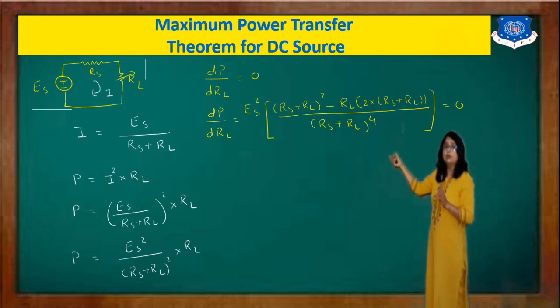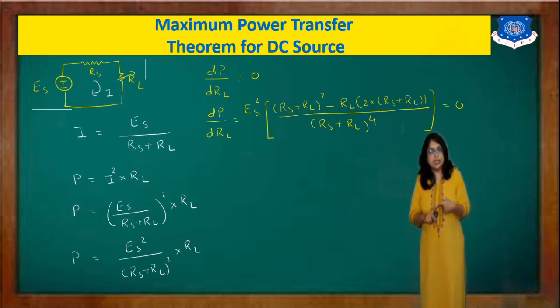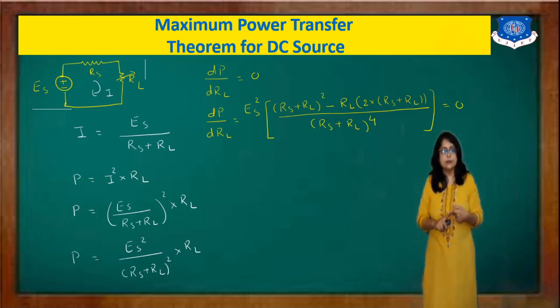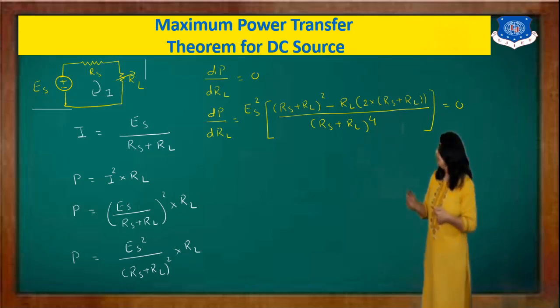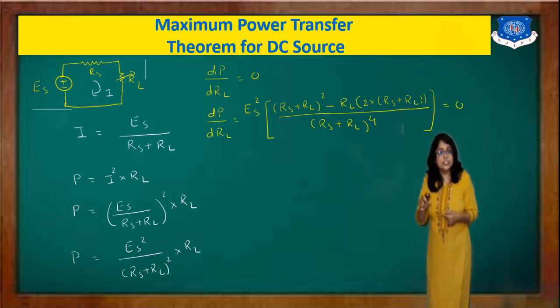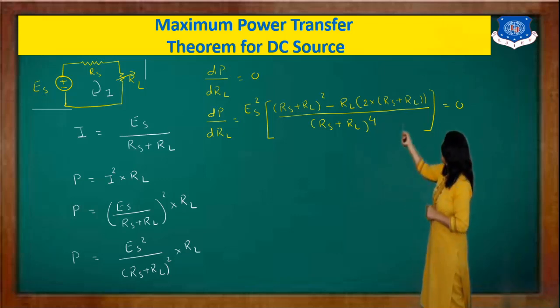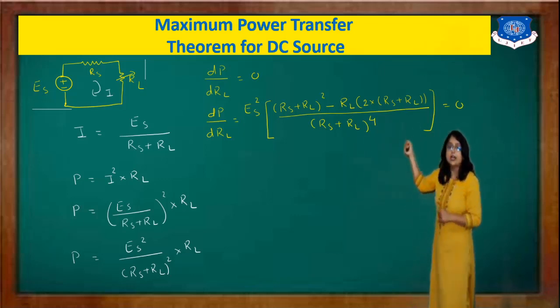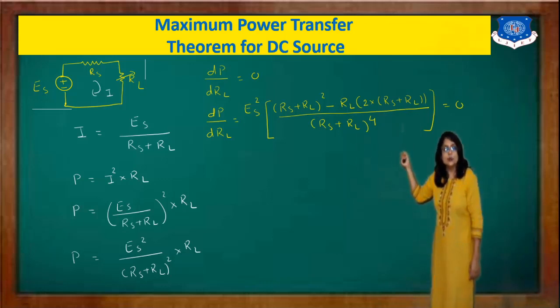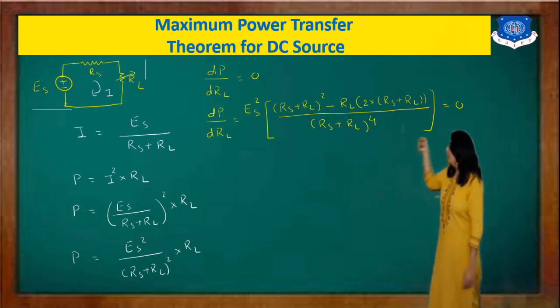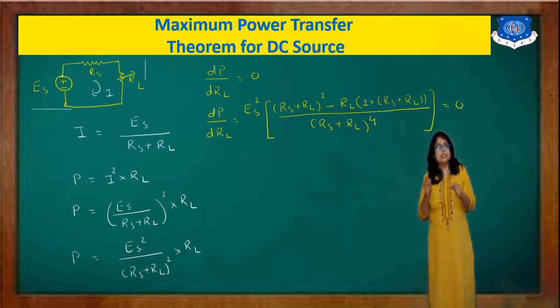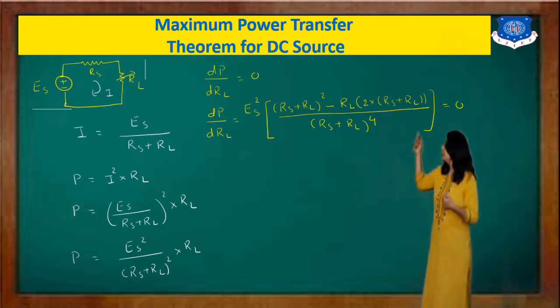Then we write the denominator as it is, RS plus RL whole square, minus the differentiation of the denominator, which is 2 into RS plus RL, times RL as it is, upon denominator square, that is RS plus RL to the power 4.